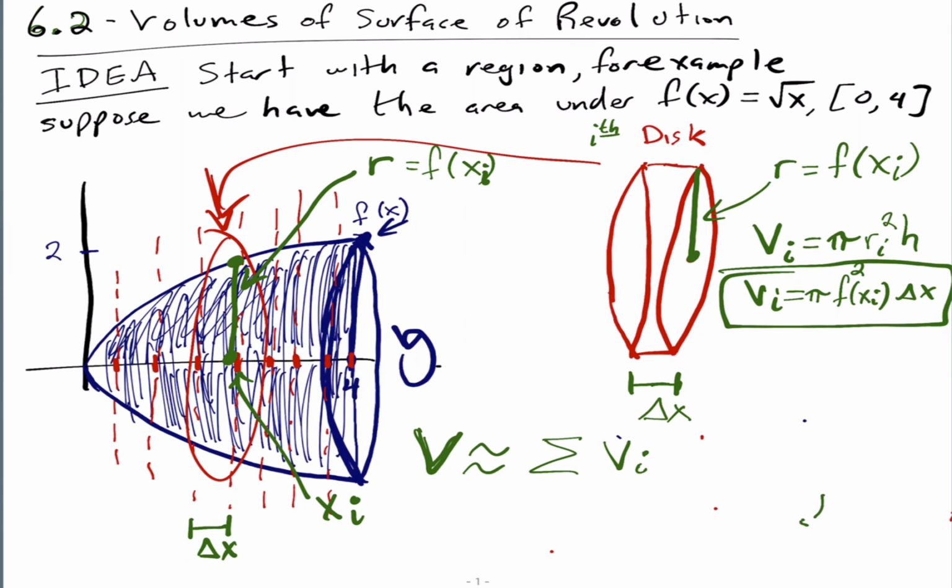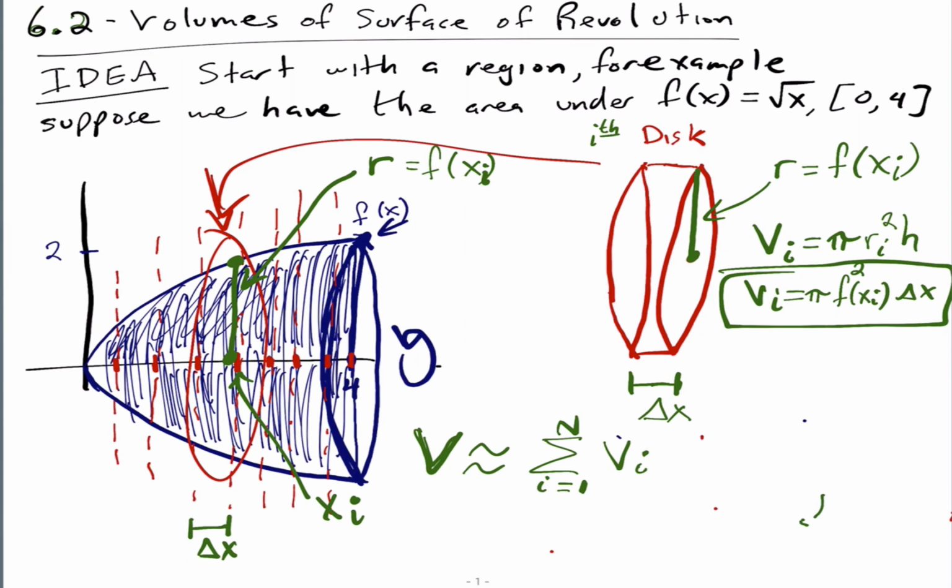So in this case, I have how many? In my picture, I have 8, right? So I'll just say from 1 up to n. But in this case, I drew 8. If we want it to be more accurate, we could use 10 or 100 or 1,000 or 1,000,000, right?